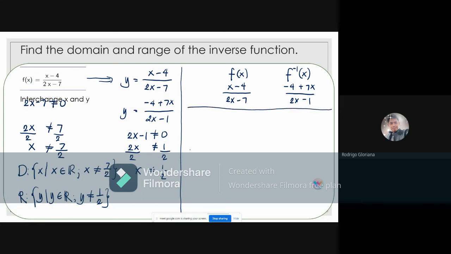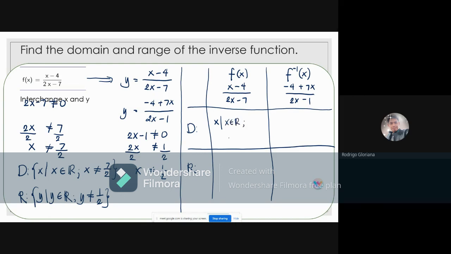Let us get the domain and range of that particular function. As we all know, this is your domain and your range. Your domain is x such that x is an element of the real numbers wherein x is not equal to 7 over 2.